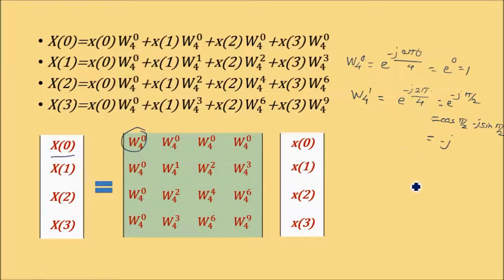So similarly we can calculate all the values, and simply we can remember this with the division of the quadrants, a whole into 4, that is w4 raised to 0, w4 raised to 1, w4 raised to 2, and w4 raised to 3. So this axis is 1, this is minus j, this is minus 1 and this is j.